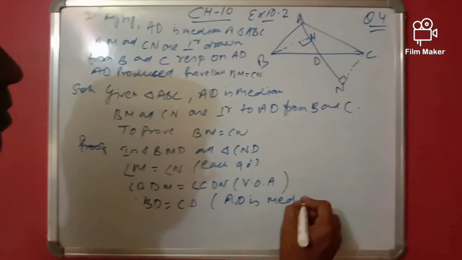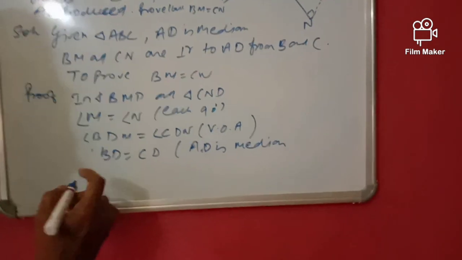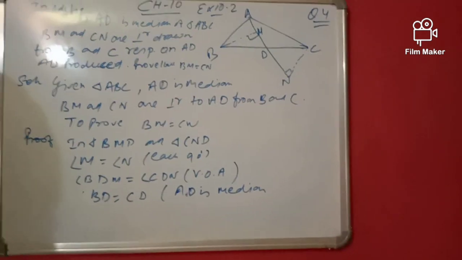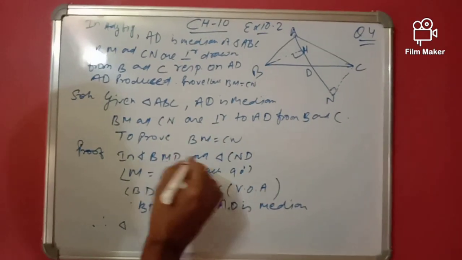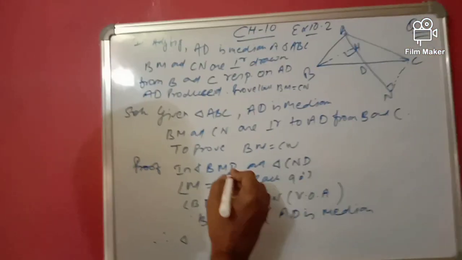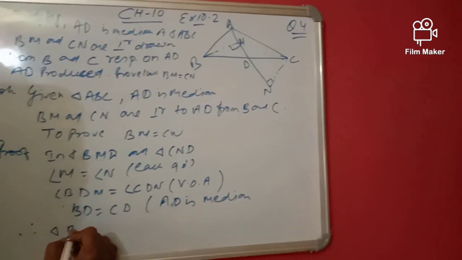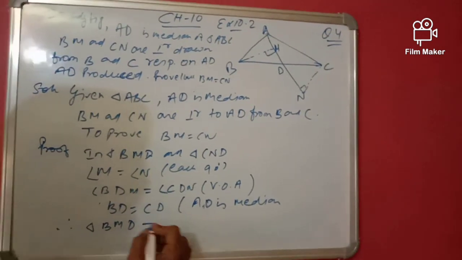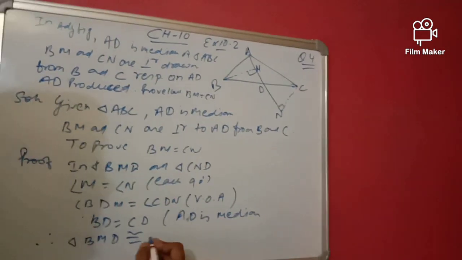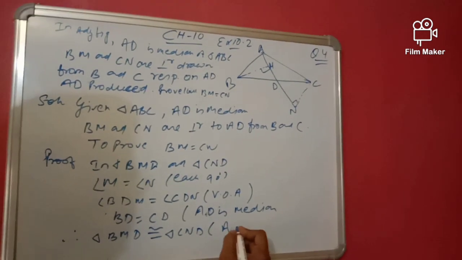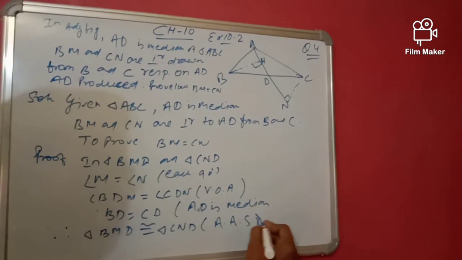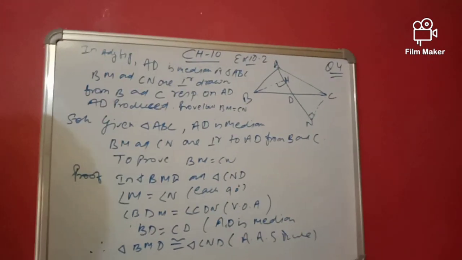Therefore triangle BMD congruent to triangle CND by AAS rule.